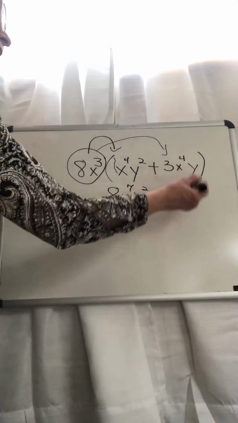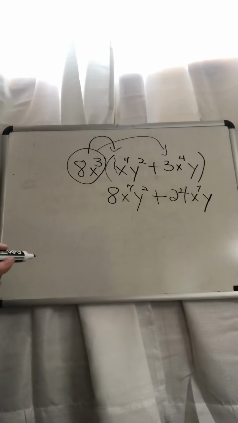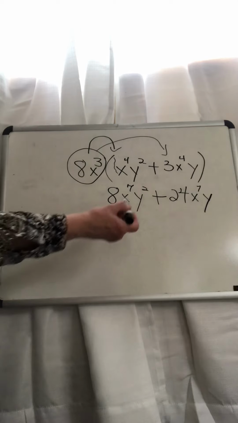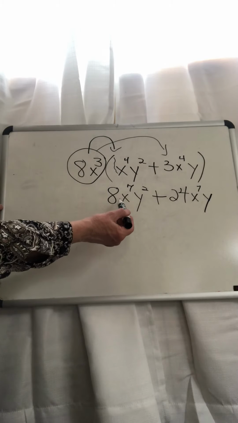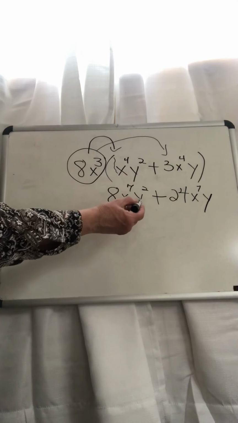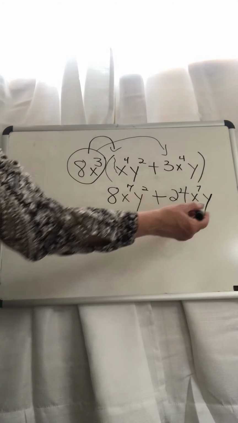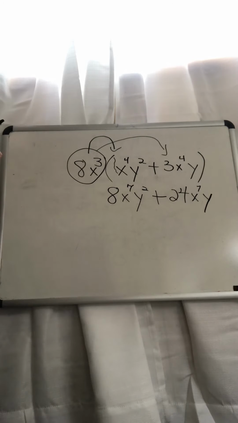And then the y again doesn't have anything to multiply, so we just kind of add it to the end. So these are not like terms because this one has a y squared and this one just has a y, so we're not going to combine those together, and this would be our final answer. 8x to the 7th y squared plus 24x to the 7th y.